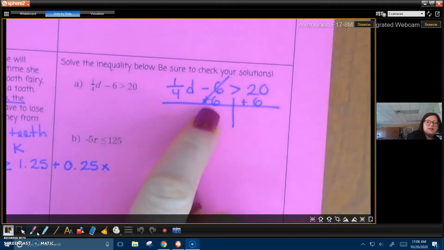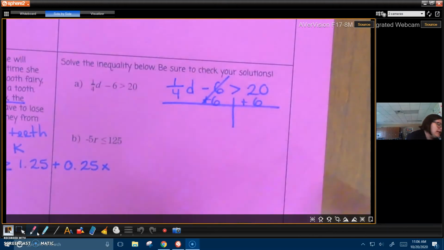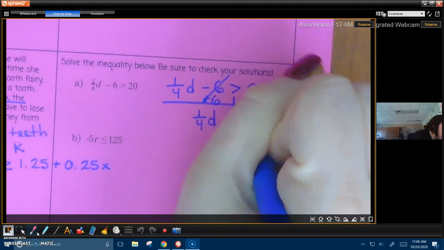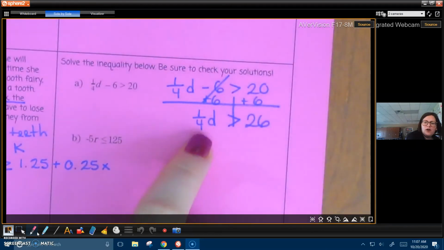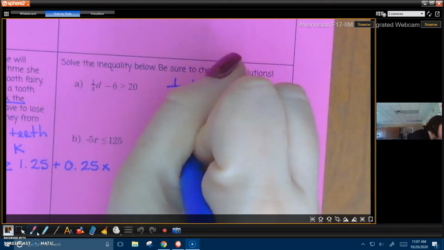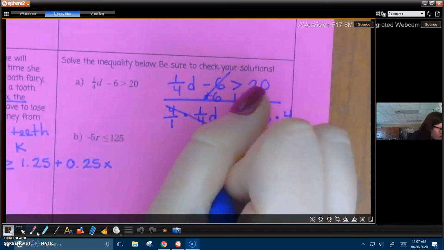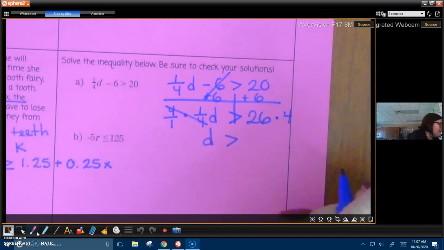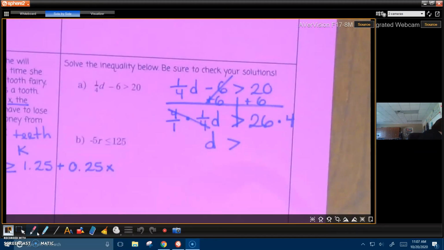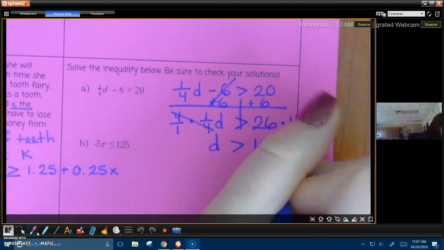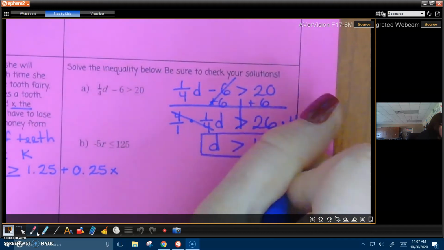So first I'm going to remove these constants by adding 6 to both sides, and we get 1/4 D is greater than 26. When you have a coefficient that is a fraction, you want to multiply by the reciprocal. When we multiply by the reciprocal, we get just 1, and then I would do 26 times 4 to get 104. So D has to be greater than 104.